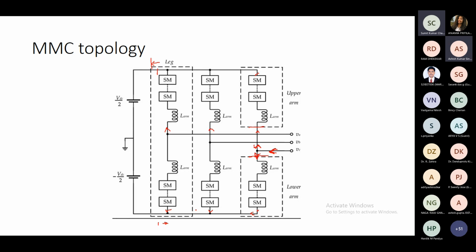But there is also another circulating current. As we see, there is a phase shift in the voltage. So the capacitor voltage ripple in the upper and lower arm in these 3 phases are phase shifted. So for the DC voltage at the leg, if we consider that there is a flexible coupling, or some resistance or inductance here, then I can say this total DC voltage is V upper arm plus V lower arm.